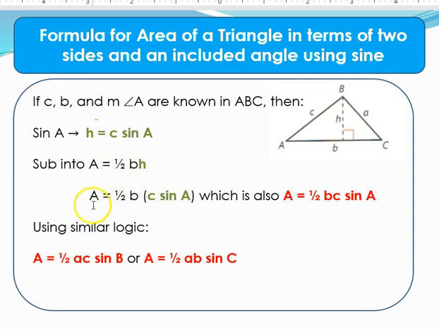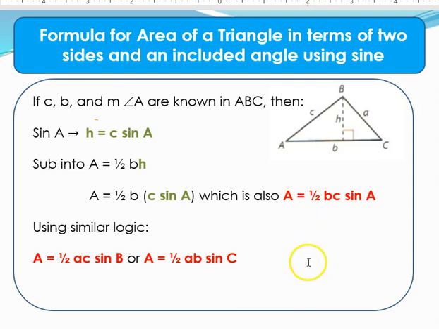So now your formula becomes 1/2 B times the height, which is C sine A. And if you use your algebra to derive that formula, I'm not sure it makes it easier, but you can restate it. It becomes 1/2 BC sine A.